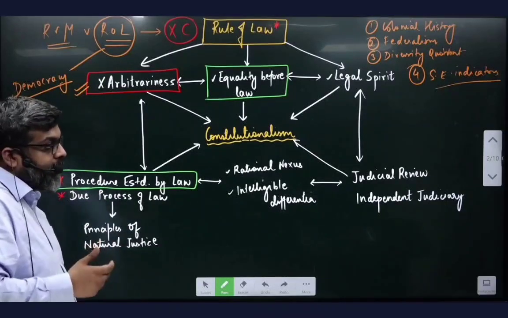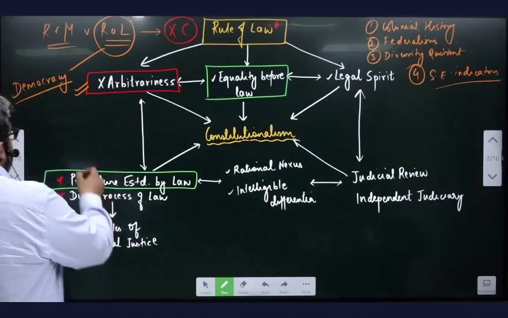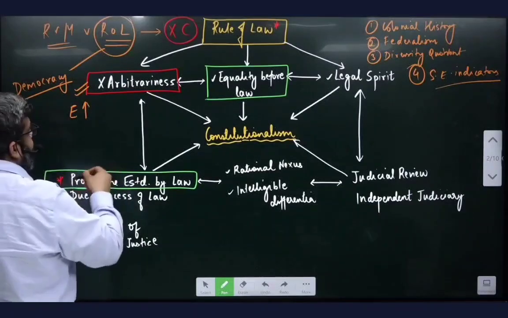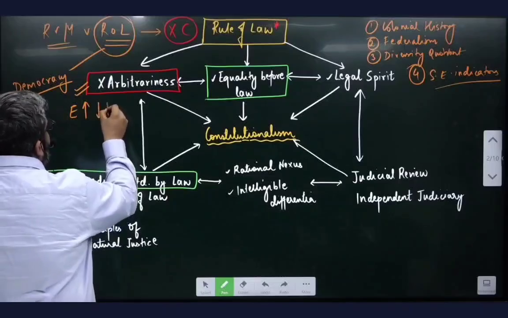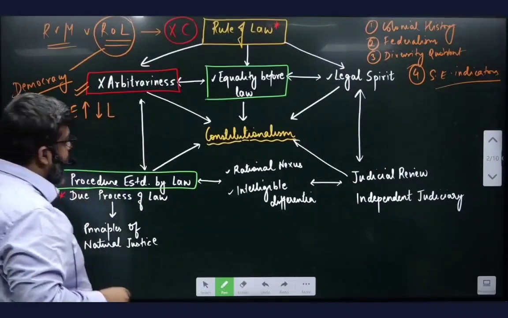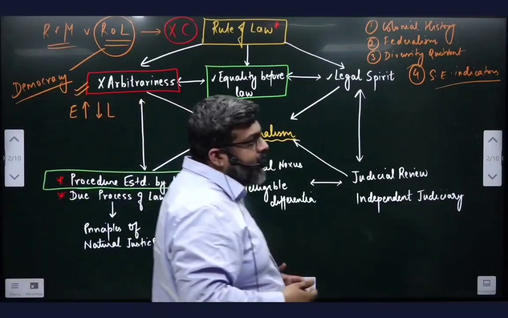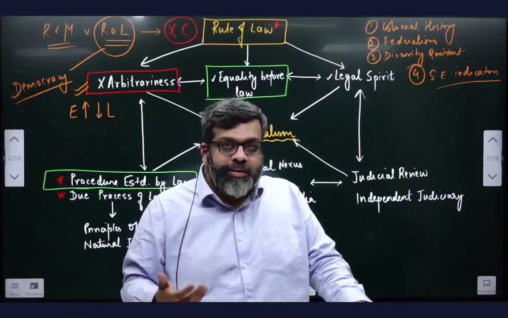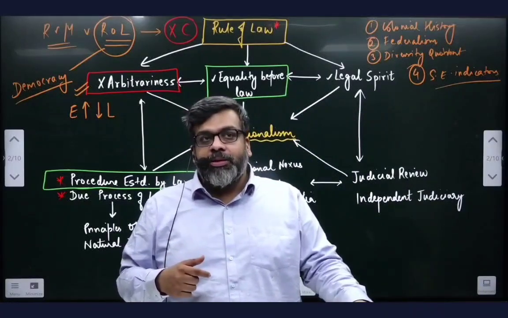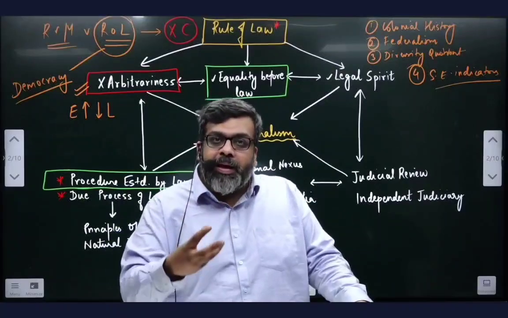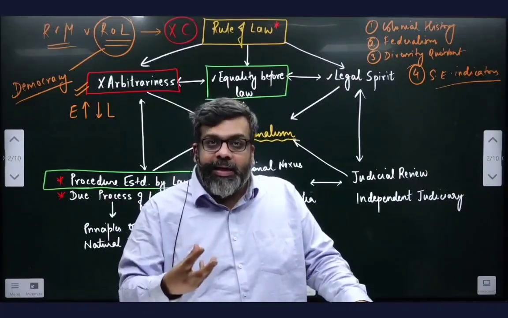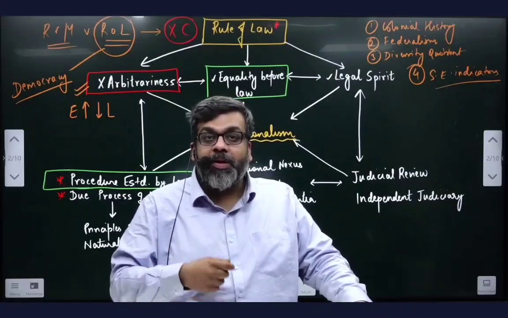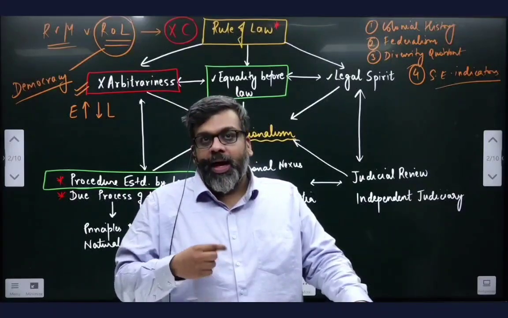So this means when we speak about arbitrariness, it actually applies more to executive action and a little less to legislative action. So arbitrariness is largely associated also with administrative law. It's also associated with a more complicated concept like delegated legislation, when the executive is empowered to make rules on something. Are they crossing a line?